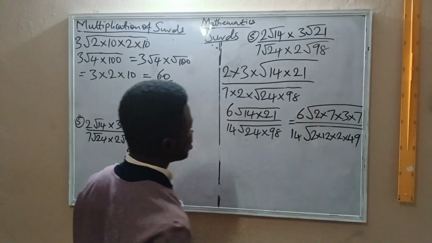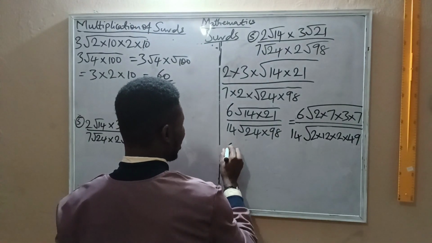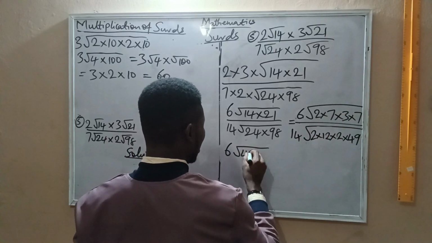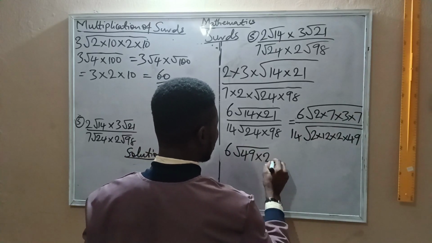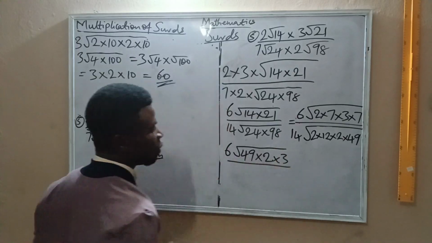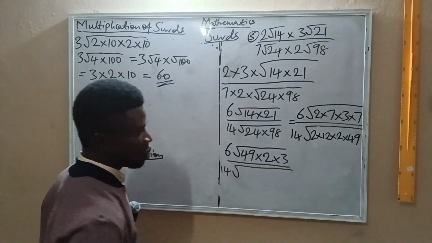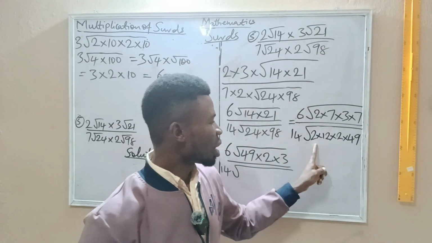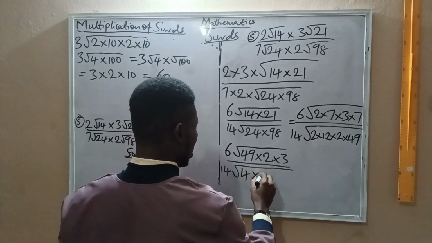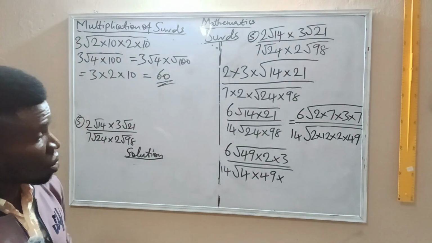That even right here, this 6. So let's bring it down. We have 6 surd 7 times 7 surd 49 times 2 times 3 all over 14 surd 2 times 2, 4 times 49 times, now 12.